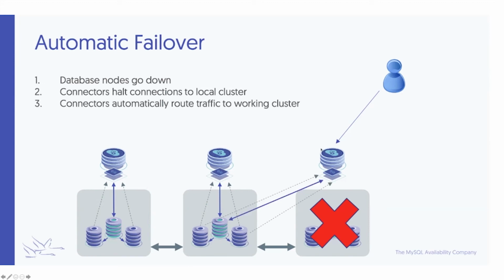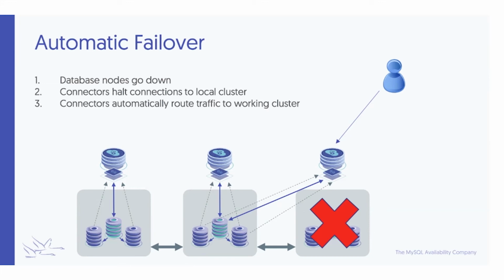So the connectors will just automatically reroute traffic to a working cluster. And there's really no impact to the end user at all. There's no error messages reported on the app server because the Tungsten Connector, again, an intelligent proxy, handles all of that for us. So we've just seamlessly failed over to another site while keeping the user online.